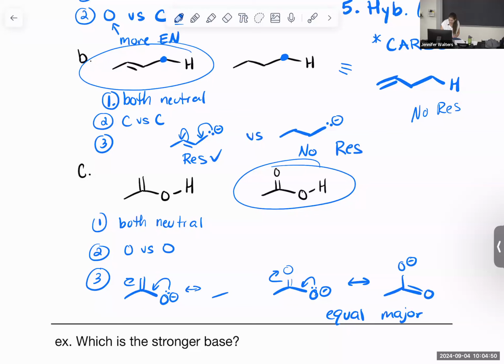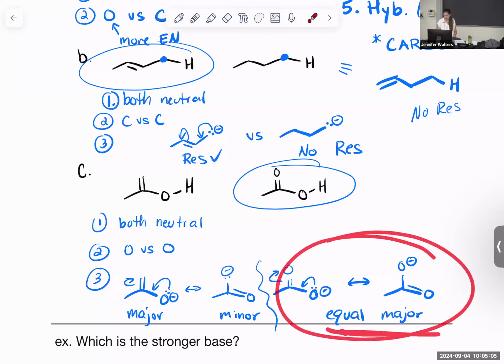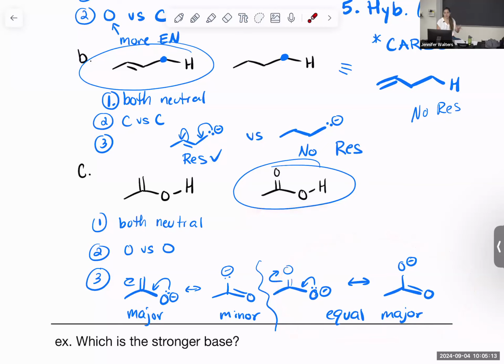Whereas the one on the left, you get this carbon with a negative charge versus oxygen with a negative charge. You get a major and a minor situation. So because of that, that's going to make these better resonance structures. So resonance is the factor of why this is the better acid. Because it's not just the number, it's also the quality of the resonance structures. Cool.